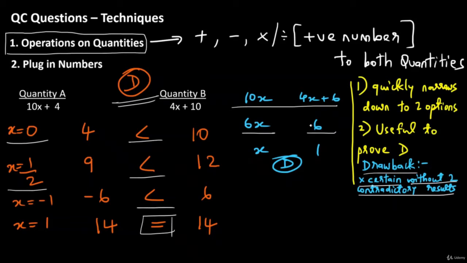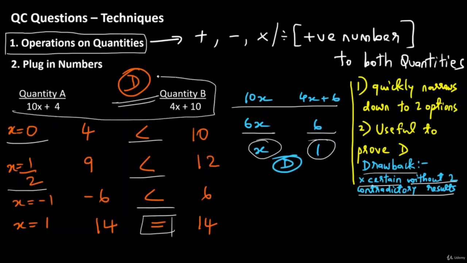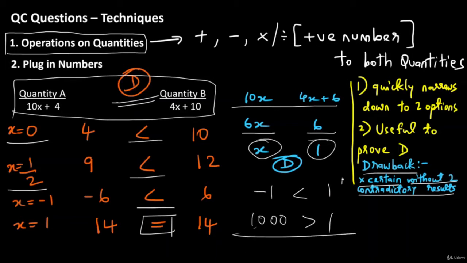Now, let's divide both the quantities by 6, which is a positive number. So you get x over here and you have 1 over here, right? So basically you're trying to compare x and 1, and there is no criteria given that x is positive or x is negative, nothing, right? So x could be -1, in which case you will have a relationship like this, and x could be 1000, in which case you have a relationship like this. So clearly the correct answer to this question is option D.